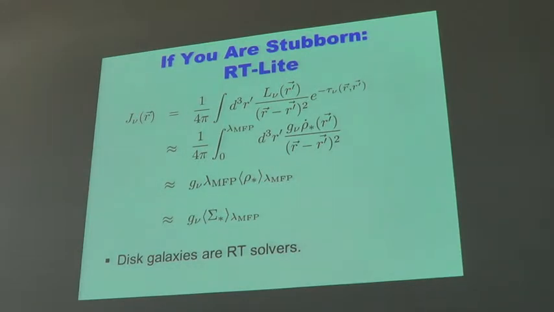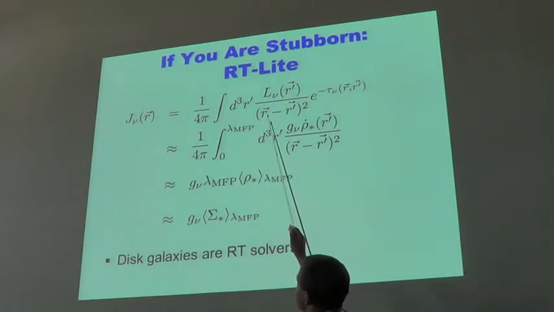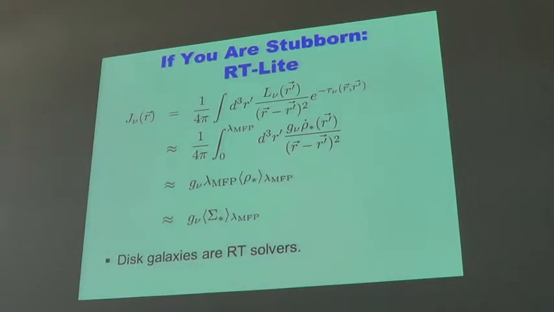There is this trick you can do. You write the equation for radiative transfer. And you say, well, in my first approximation, what tau does is it lets my photons travel over the mean free path, and then they don't go beyond that. And so if you know the mean free path, in first order you drop this integral from 0 to lambda without any tau, and it is nothing else than the properly weighted average star formation rate density times the mean free path, which is actually the surface density of stars.